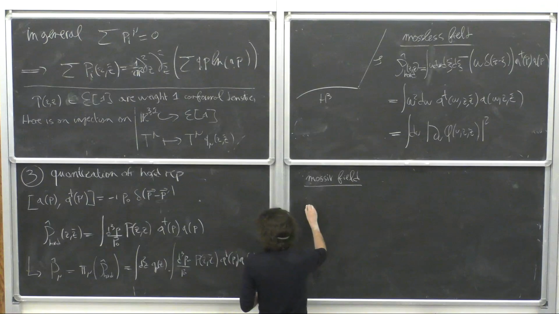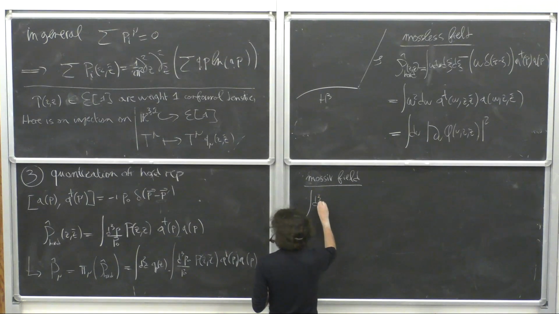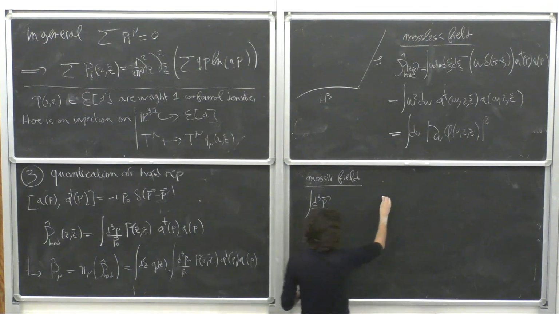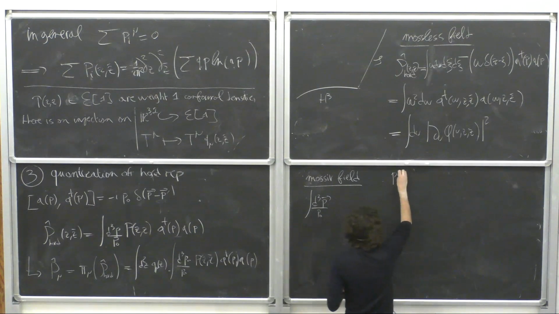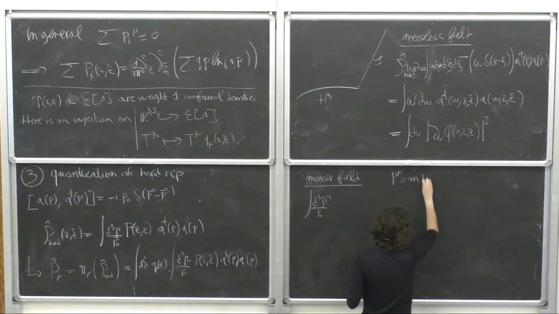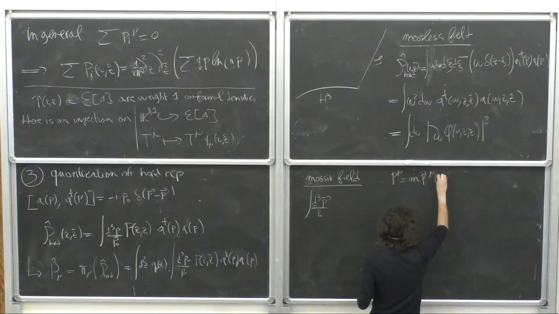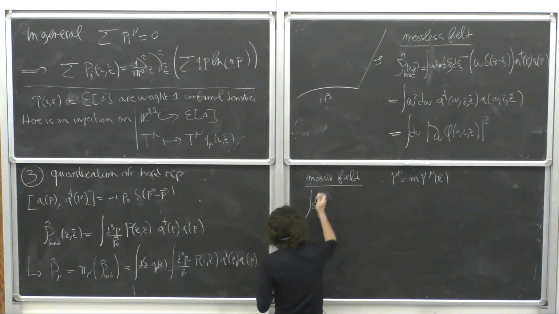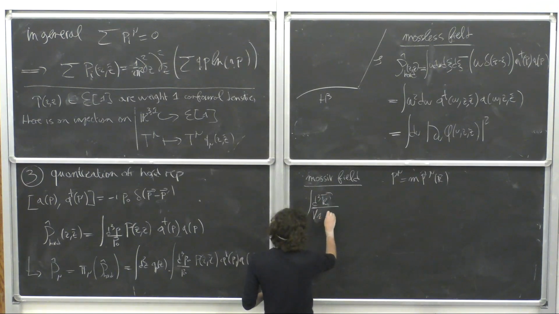In this case, P mu is really m p tilde mu of k, and this is d3k divided by the square root of 1 plus k squared.